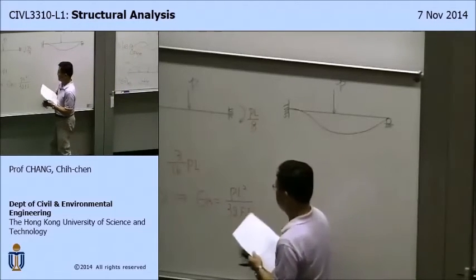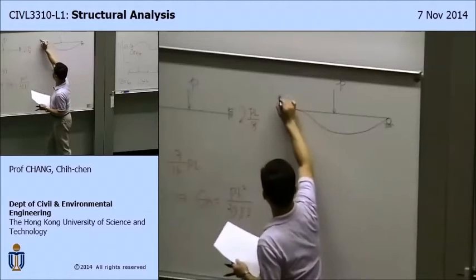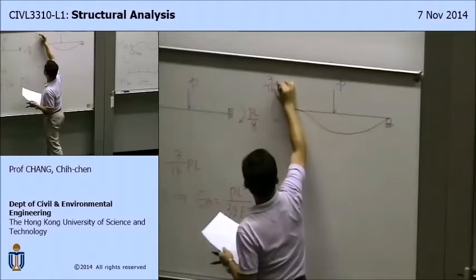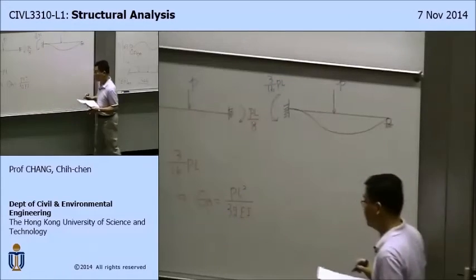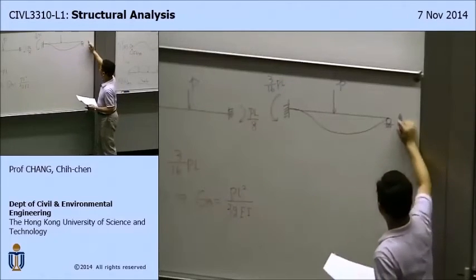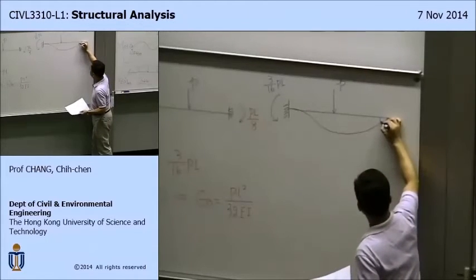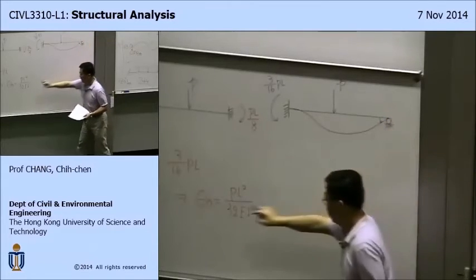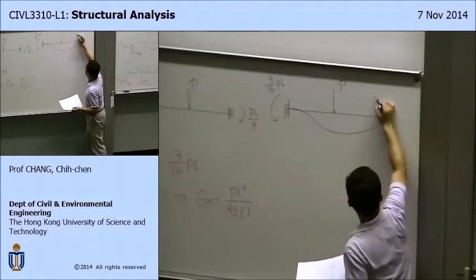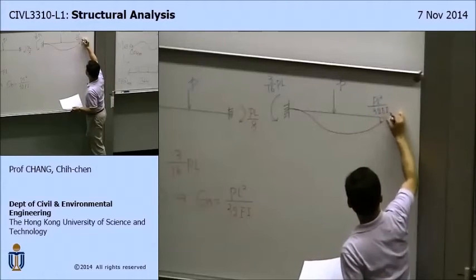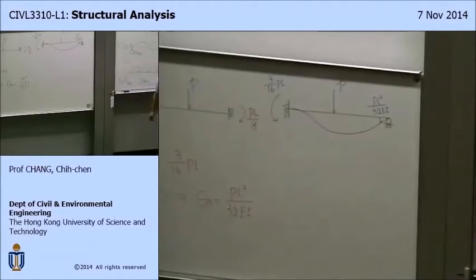We found out that this MAB is 3/16 PL. The moment there is equal to 0, of course. We know this rotation angle now. This rotation angle is theta b, so that's PL squared over 32 EI. Okay, now can you solve for the rest of the forces?